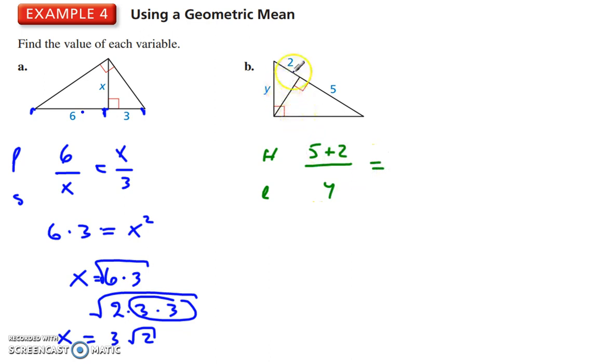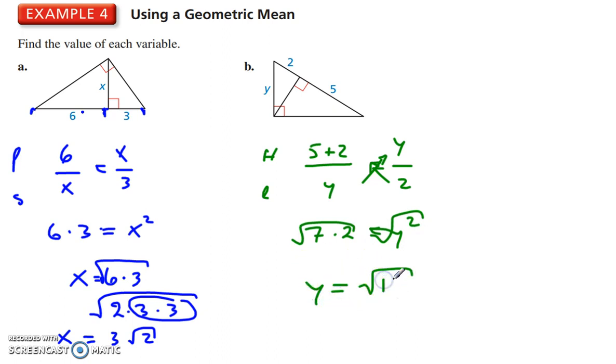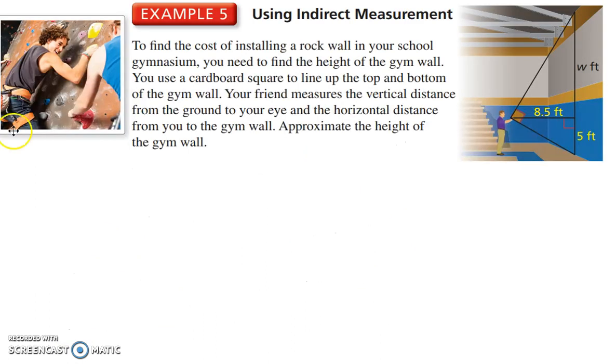And then in the small triangle, the hypotenuse is y and the leg is 2. Cross multiply. 5 plus 2 is 7 times 2 is equal to y squared. Square root it, and y is equal to the square root of 14. And that's how easy that is.